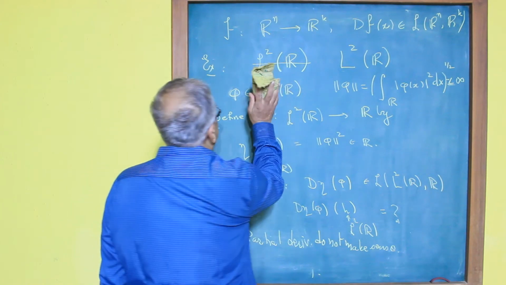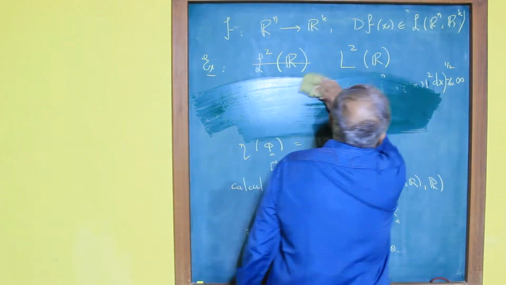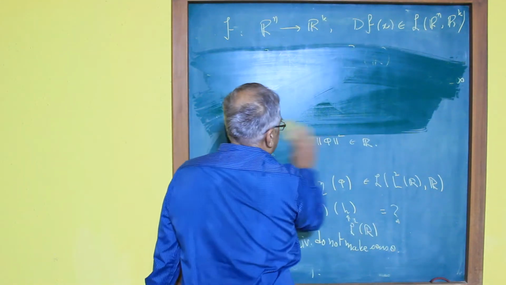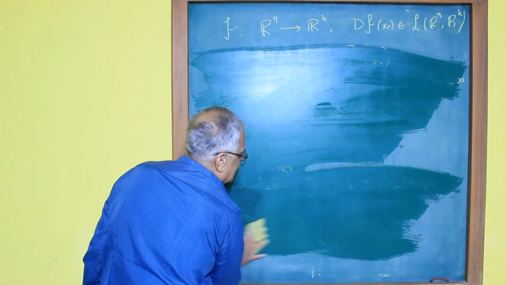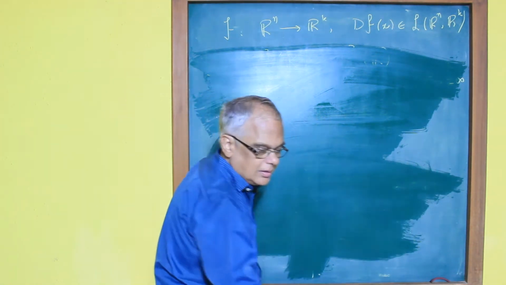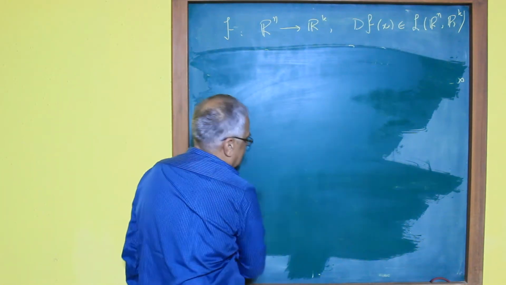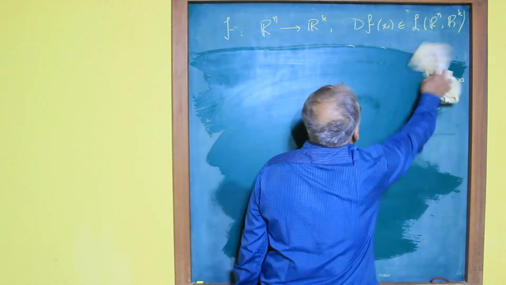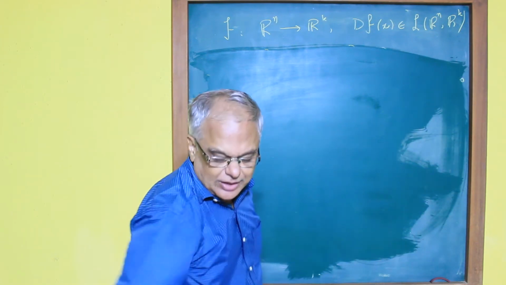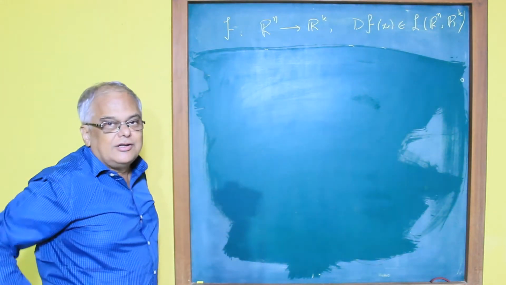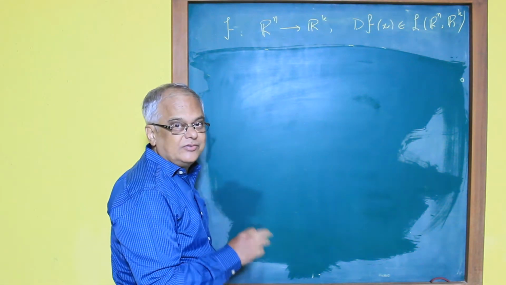So there's a similar example, let me just mention this as an example, again just to make you understand that the way we have defined the derivative is the right one.